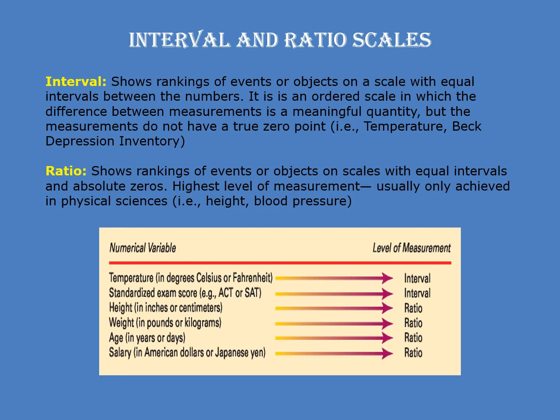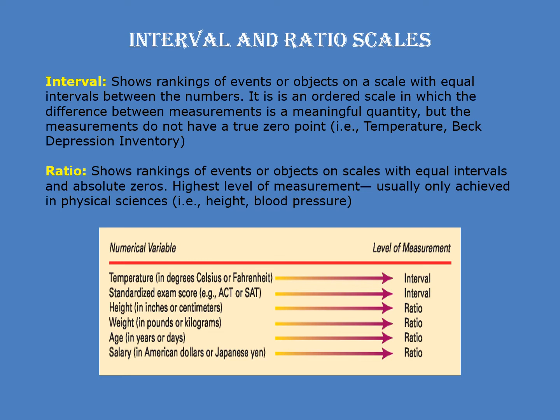There is some additional information I want to highlight here. According to some researchers, retrospectively, back in 2000, they highlighted that the interval and ratio scales often are used interchangeably, and sometimes incorrectly.